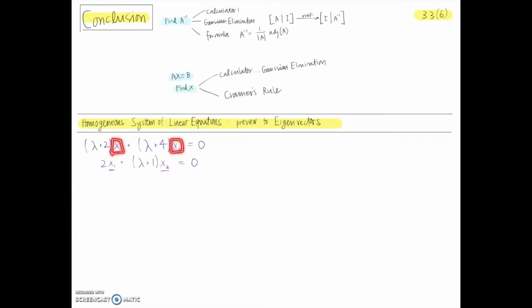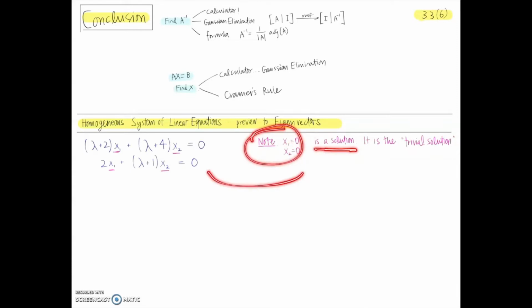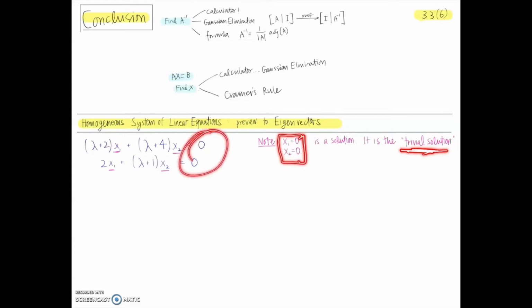It's not a very interesting solution, but it's one that always works for homogeneous systems. So we'll just make note of the fact that x1 equals 0, x2 equals 0. That is in fact a solution to this system over here. It's called the trivial solution. This type of solution will always work for homogeneous systems.